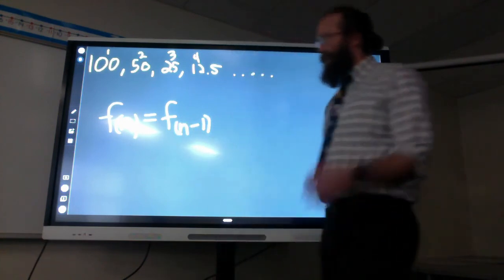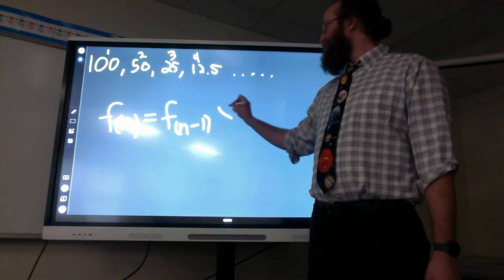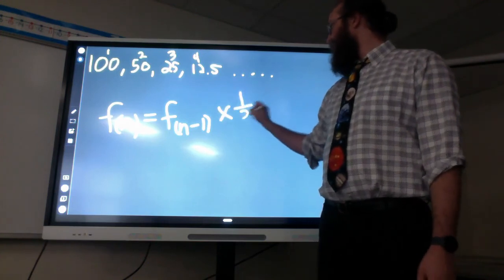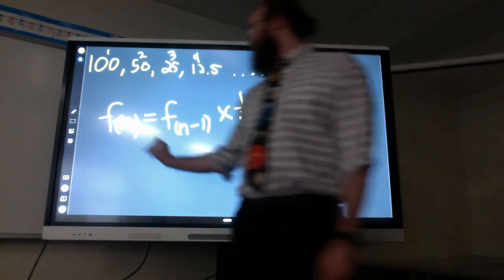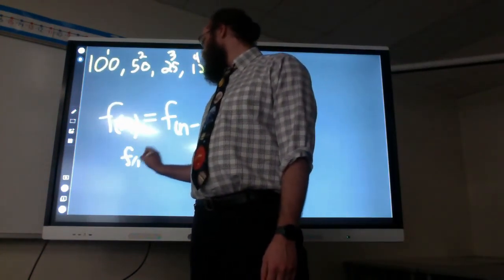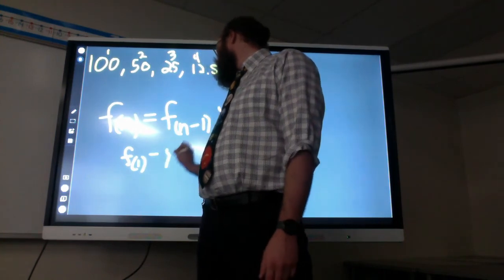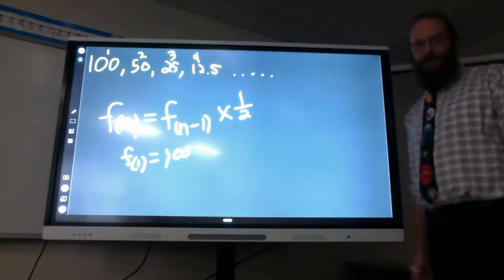And then what are we doing to each step? We are multiplying by 1/2. So this would be times 1/2. Okay? Last step is we need to figure out where we start, and f of 1 in this case is 100. That is our recursive equation.